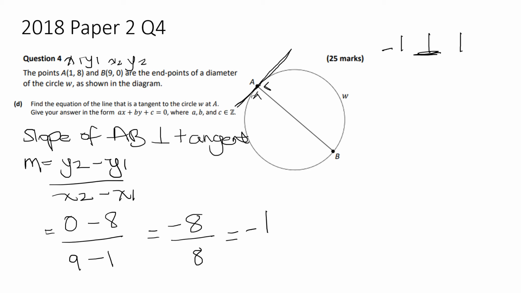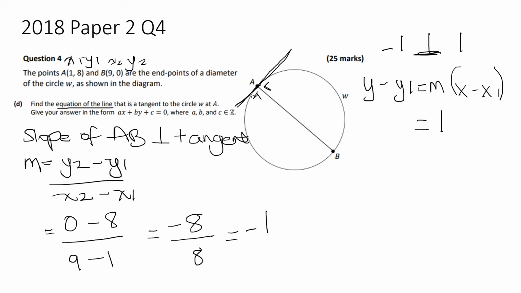So what I'm going to do now, because I'm trying to find the equation of the line of this tangent, is use the equation of a line formula, which is y minus y1 equals m times x minus x1. And I'm going to sub in as much as I can. So I know that the slope is 1 because it's perpendicular.